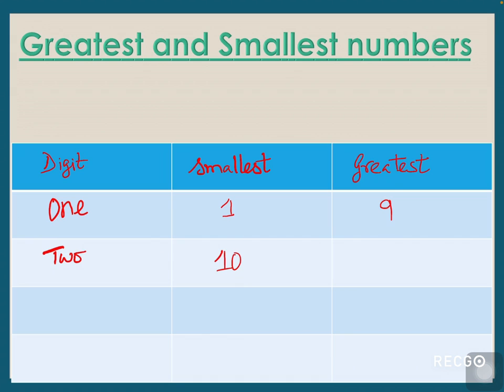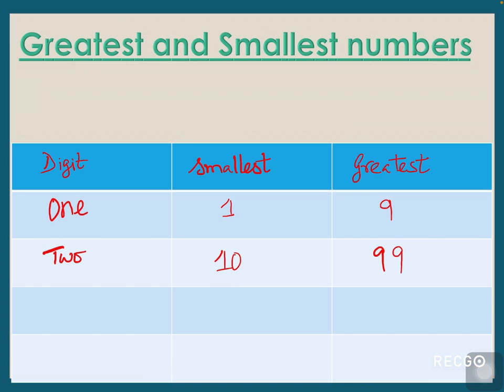So now, if you have observed, in the smallest numbers, there is always 1. So you have to see what you are asked. If you are asked, for example, 4 digit smallest number, so in that you will keep 1, and the remaining 3 will be the zeros. So in all 4 digit numbers, you will form the smallest number. And in the greatest number, if you see, all 9s are there.